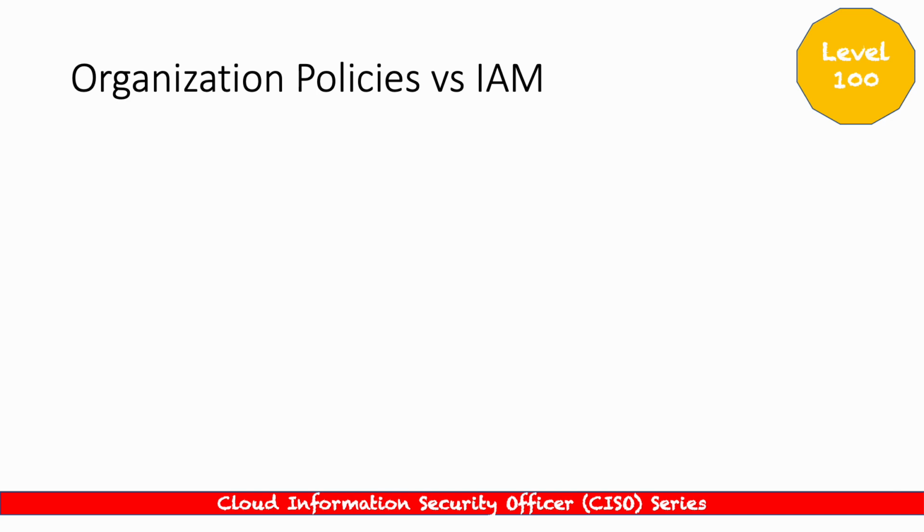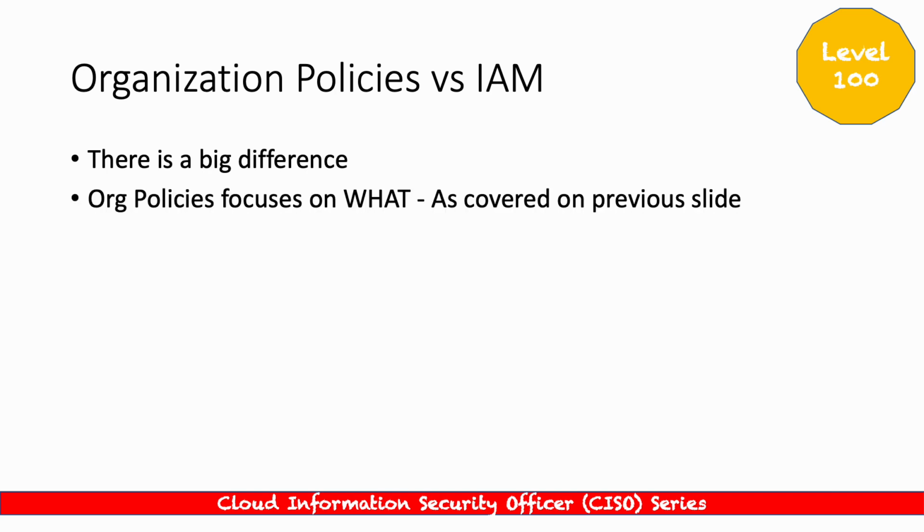If we compare organization policies with identity access management, IAM, you could think, are they the same or are they different? In actual fact, there is a big difference between the two. In the previous slide, we talked about the what.